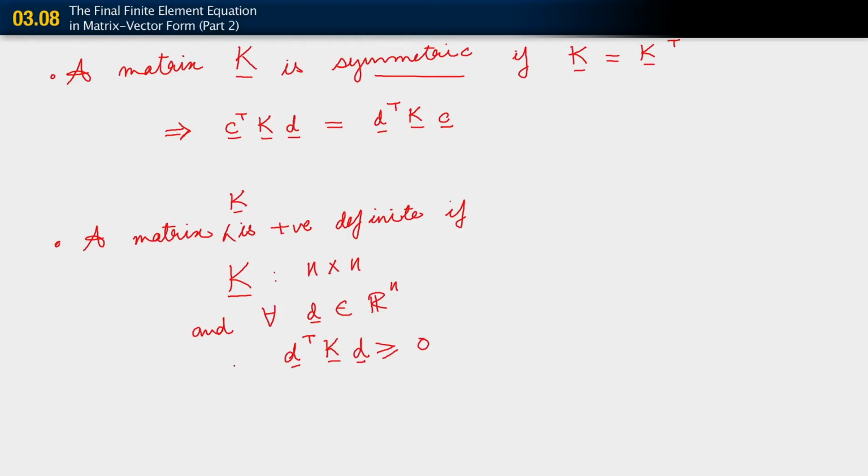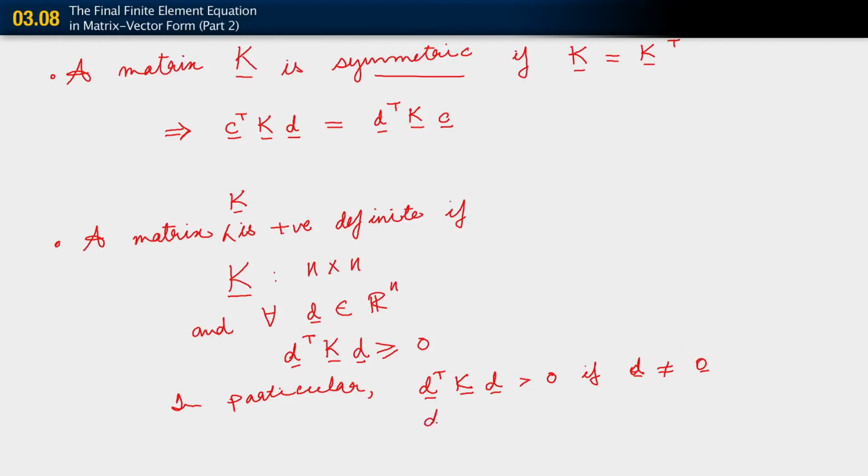In particular, D transpose KD is greater than 0 if the vector D is not itself the 0 vector. The 0 vector is simply a vector with 0 in every single entry.